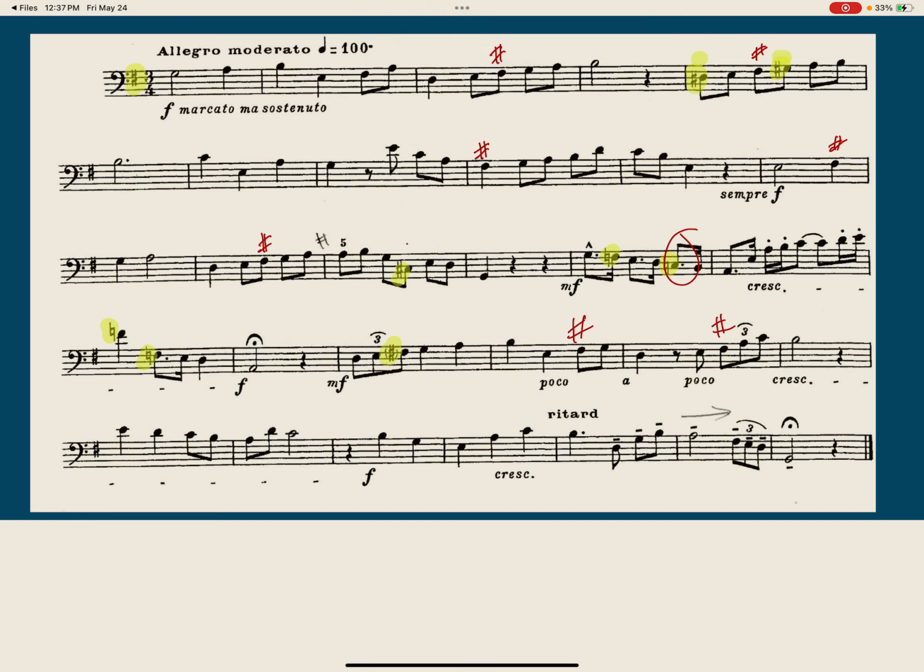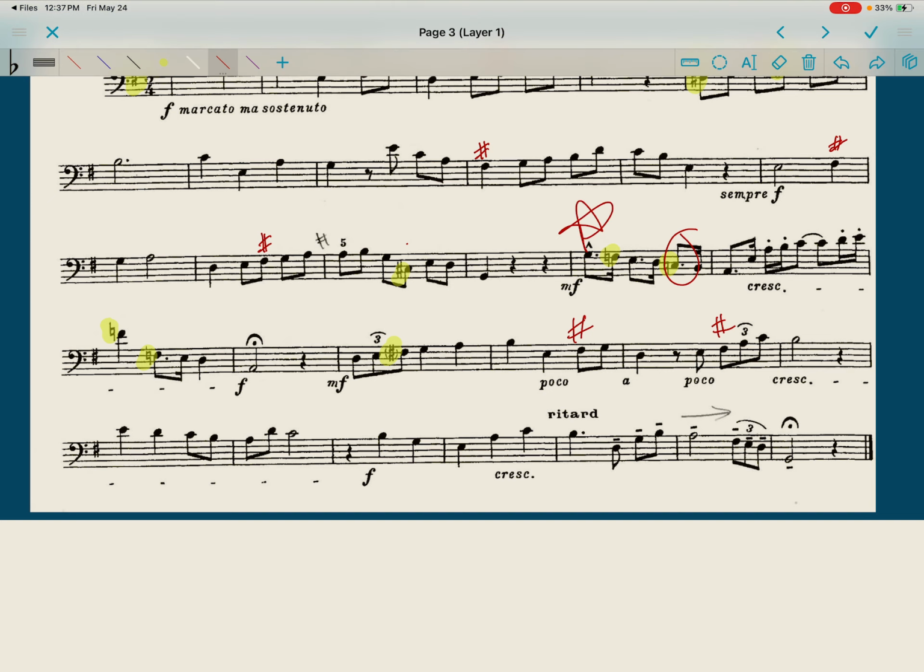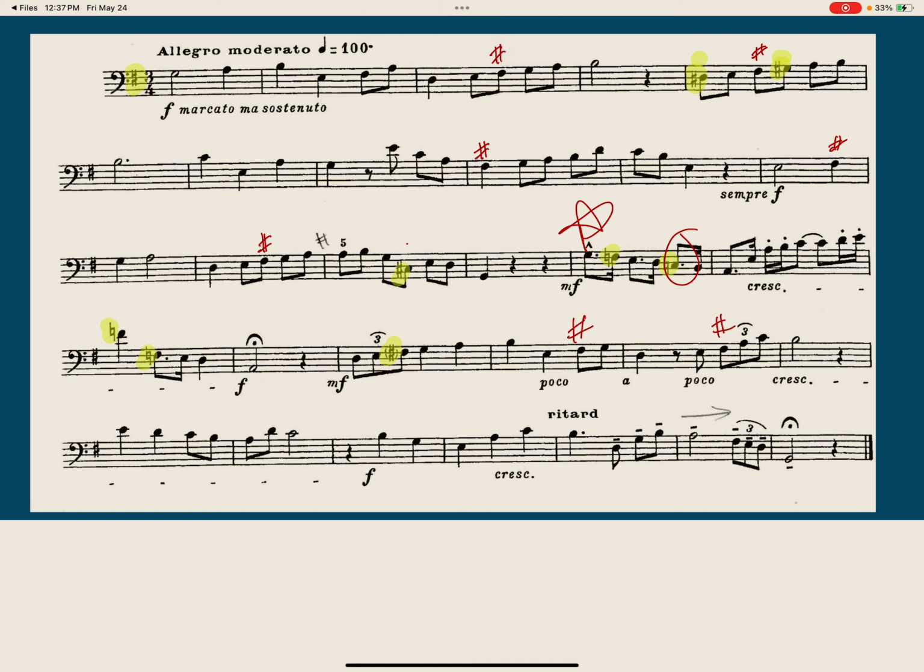Now, if I were to play starting over here, where I put this star, with an F sharp instead, how does that change the tonality? I'll play what's written first, as opposed to with an F sharp, which is written in the key signature.